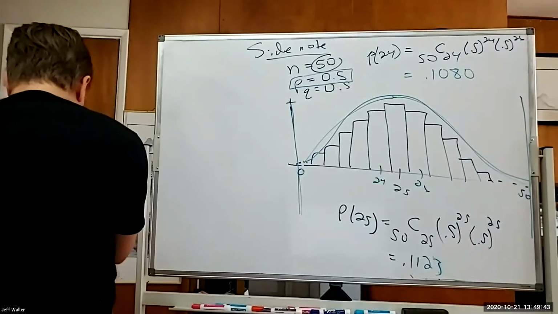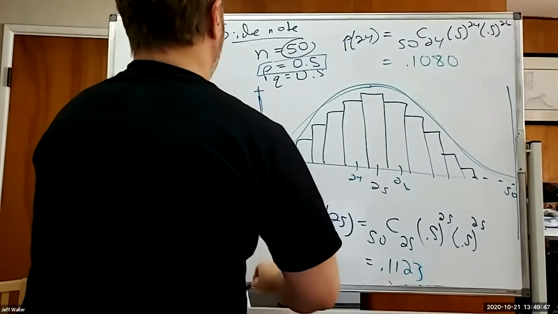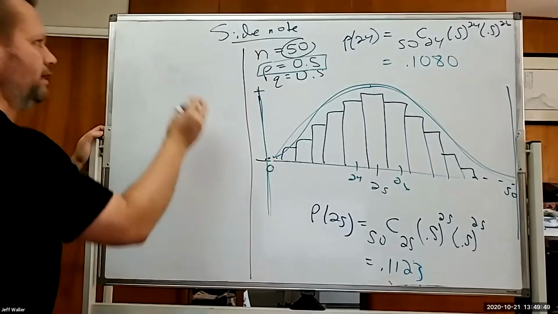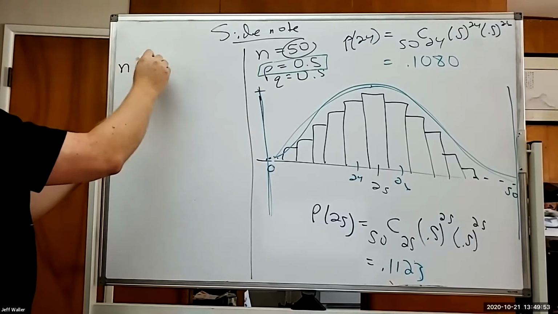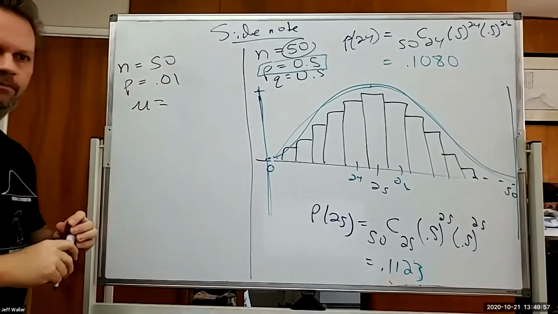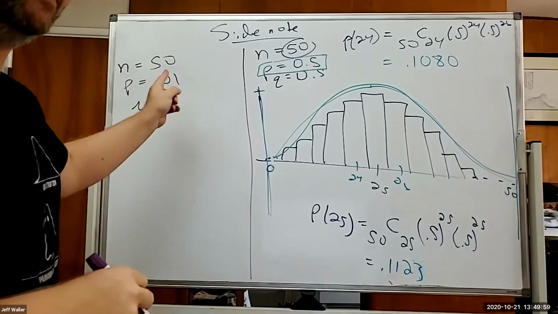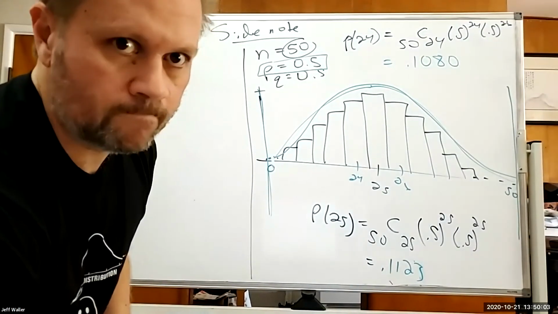Let me arrange some things here. It's driving me crazy. All right. So what if instead, can you guys still see this? What if N is 50 and P is 0.01? What's the mean then? 0.5.